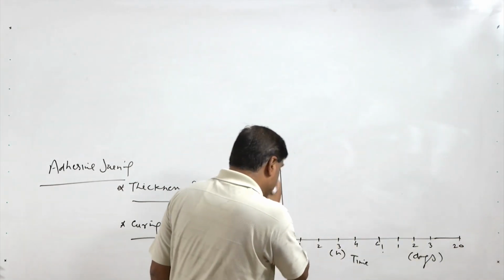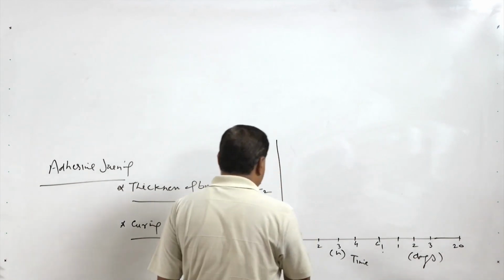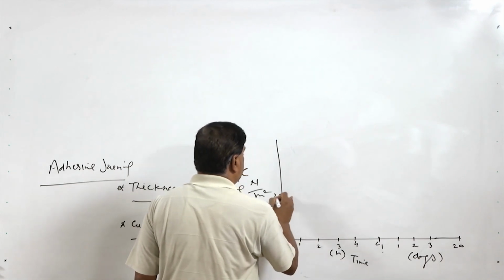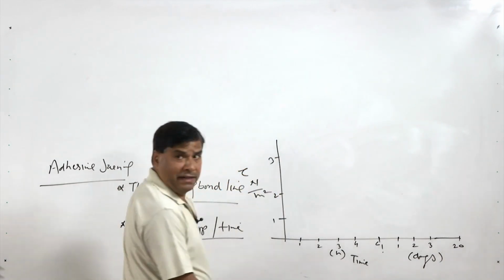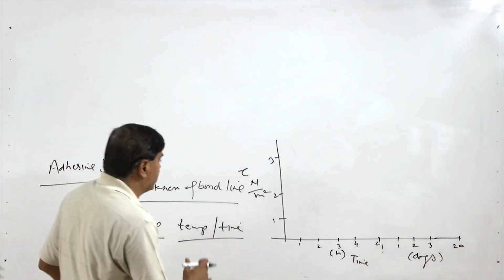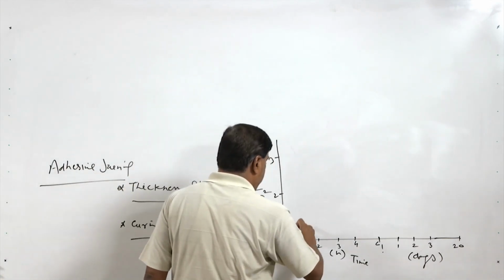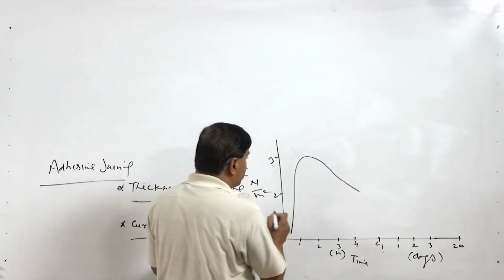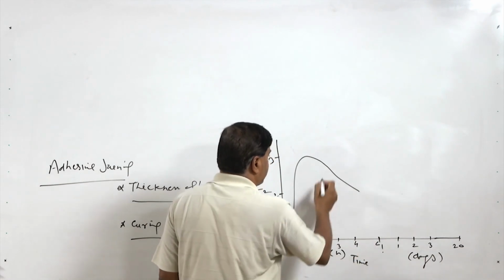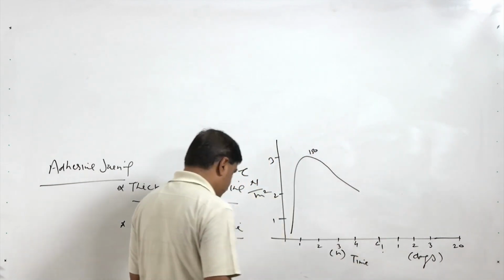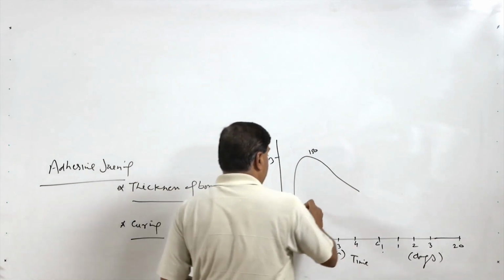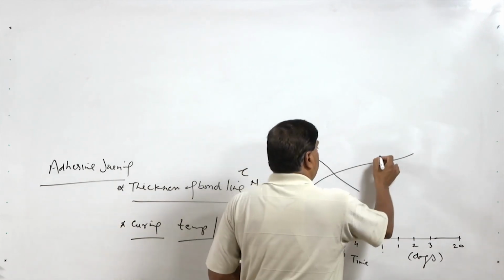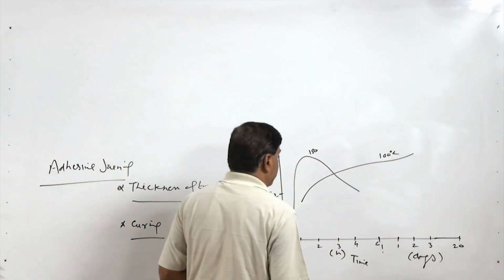So, what we will see is that when we work with the higher temperature, the strength increases rapidly and thereafter it starts falling when the curing is done at high temperature. On the other hand, the strength increases rapidly when curing is done at 100 degree centigrade.